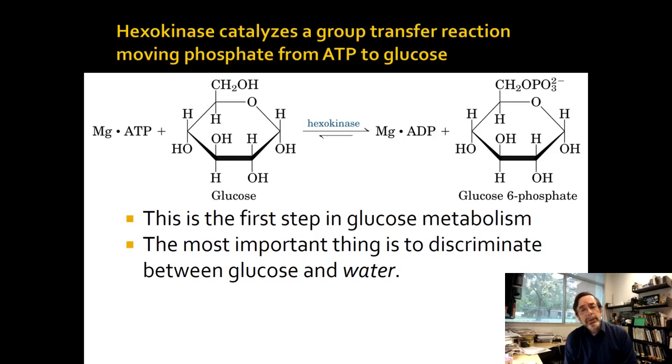But we want to talk about it as an enzyme, because this enzyme actually has a pretty hard job. ATP will be hydrolyzed by this reaction, and you want to hydrolyze the ATP and immediately put that phosphate onto the glucose. But if you don't have glucose around, glucose isn't always constant, right? If you don't have glucose around, the enzyme has a danger that it might hydrolyze the ATP for no reason.